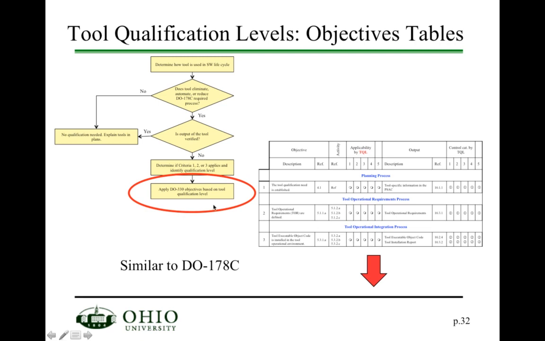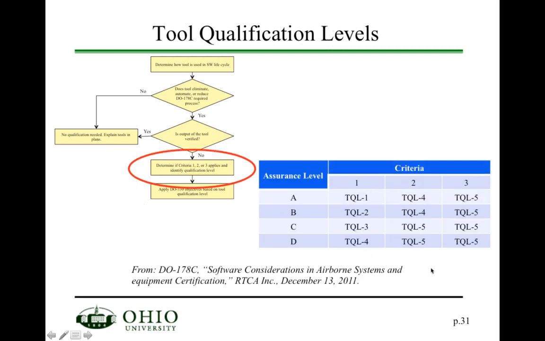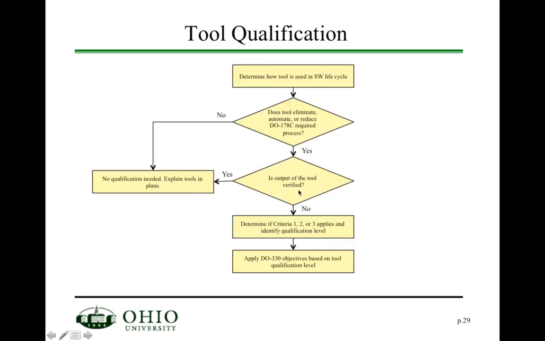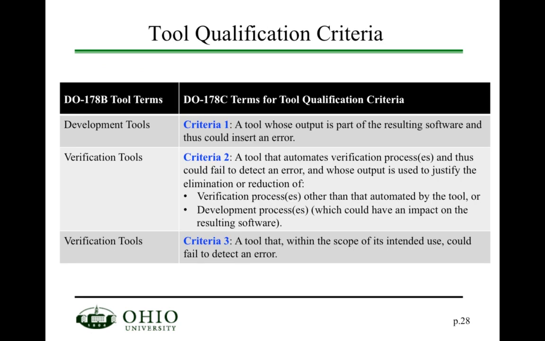Then, based on the tool qualification level you have determined, you go and look in the objectives tables of DO-330 to find out, okay, what things do I need to do? What objectives do I need to meet? I think I have an example on a later slide. So the key things in DO-178C: rather than 2 different tools, now we have 3 criteria.